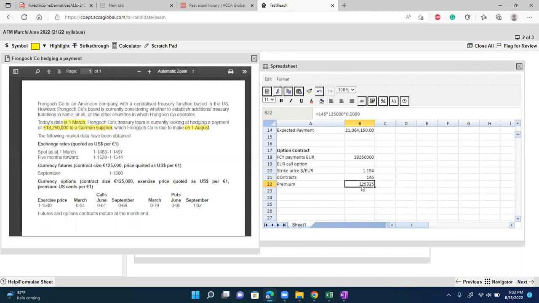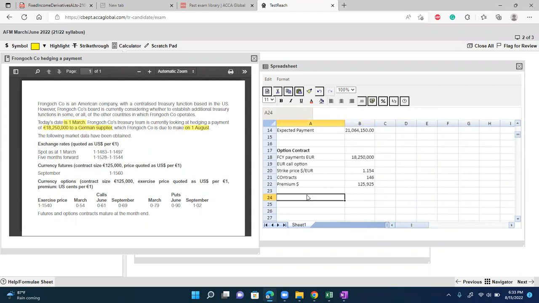The contract is in euros and this is in dollar over euros, so this amount is in dollars. Premium is in dollars. Do we need the answer in dollars or euros? What is our local currency? We need the answer in dollars because dollar is our local currency. So we do not have to do anything more. This is the final answer.